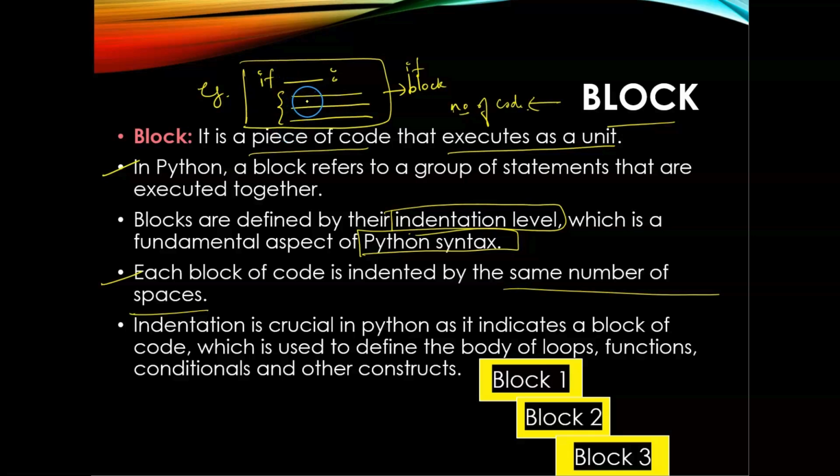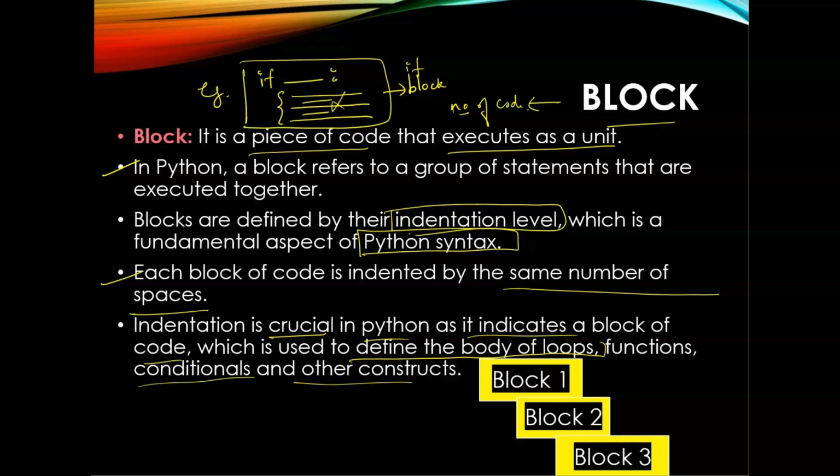But if we have written one inside and one outside, then the Python interpreter will mark it as an error. Indentation is crucial in Python, as it indicates a block of code which is used to define the body of loops, functions, conditionals and other constructs. So indentation plays an important role in all these things.